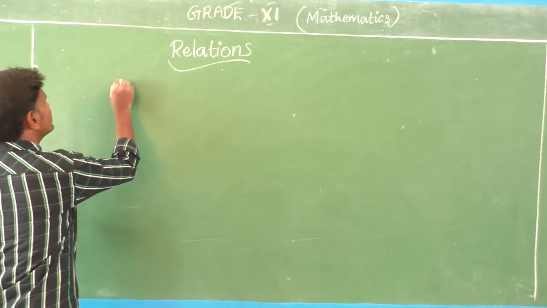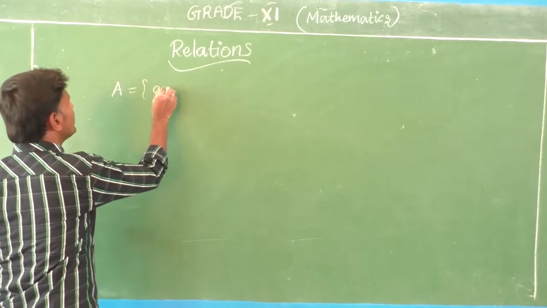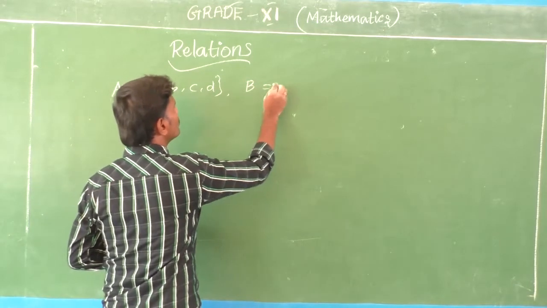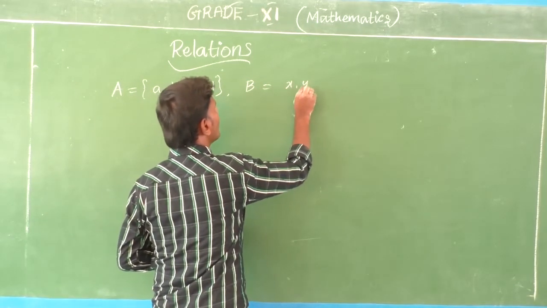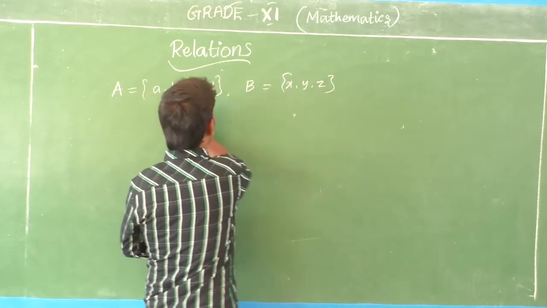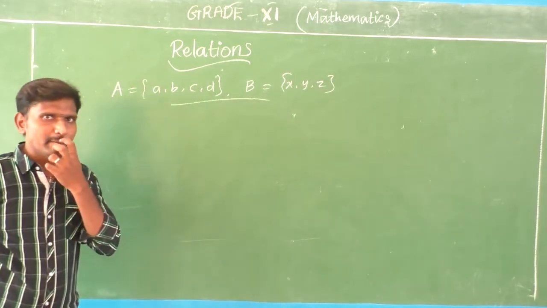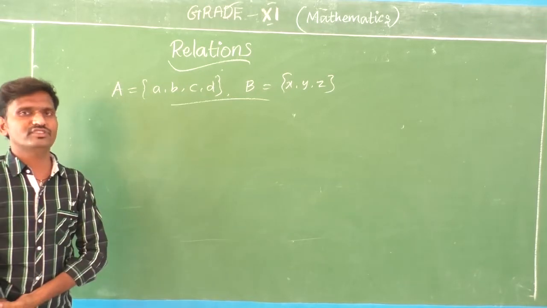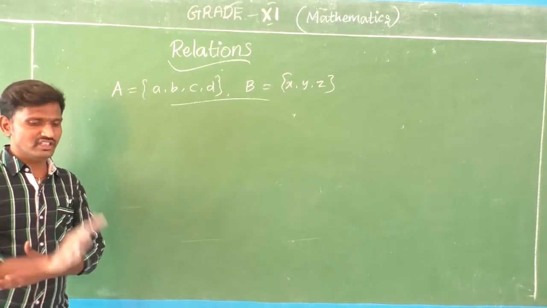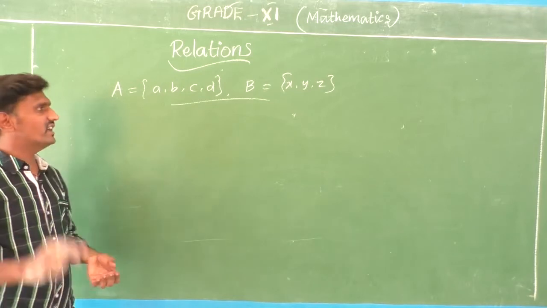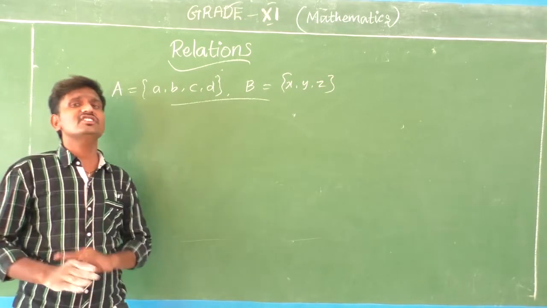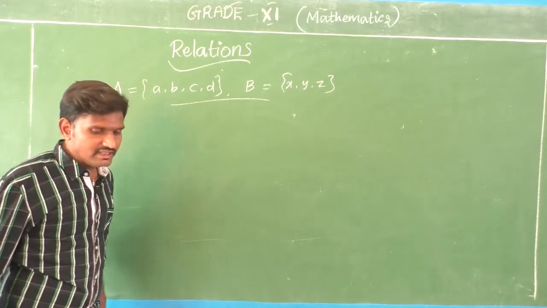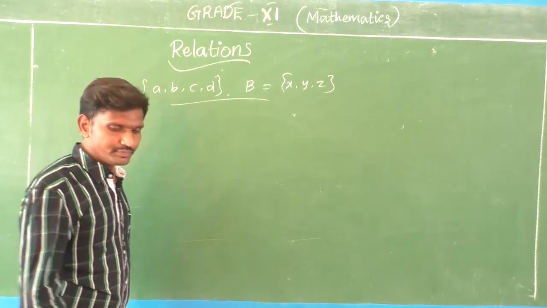See, A equal to {a, b, c, d} and B equal to {x, y, z}. What is the relation between these two given sets? That is what we are going to see now. Before that, we should know the definition of relation, on page number 34.